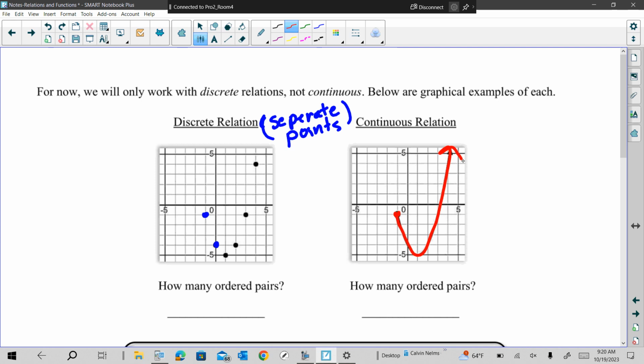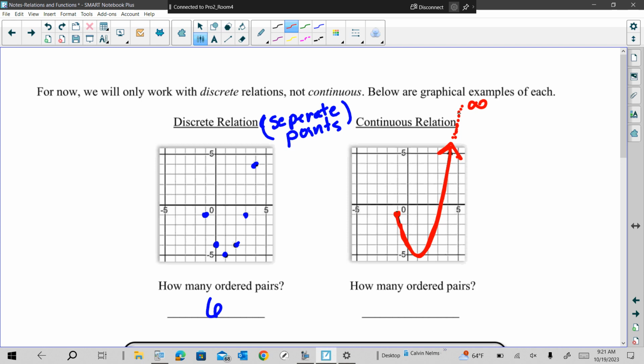So, right here, how many discrete points are here? How many ordered pairs? Close. There's 6. There's 6 separate points. But because this is continuous, guys, I can put my pencil down, it keeps going. Do you see this arrow right here? This arrow indicates that it's going to keep going up, up, up. If it keeps going, what is that called? It never stops. Infinity.